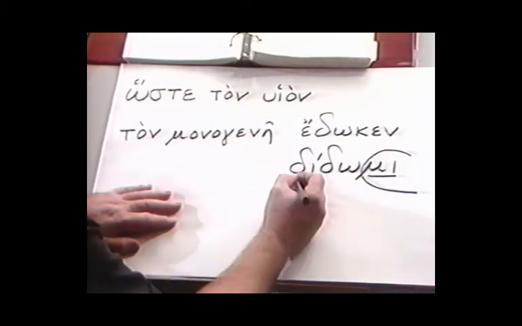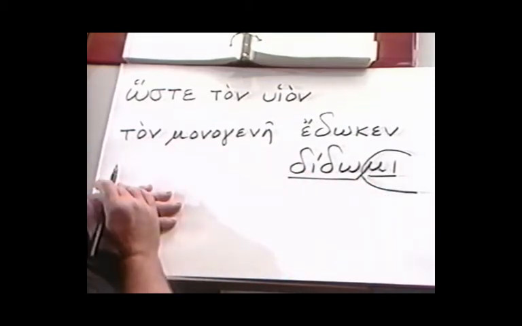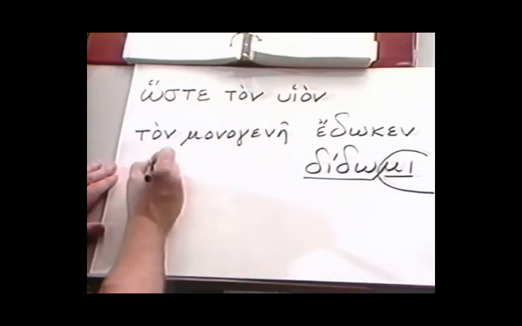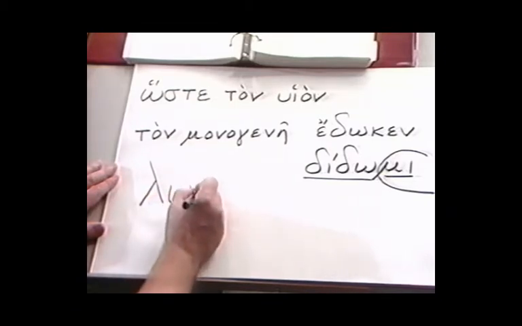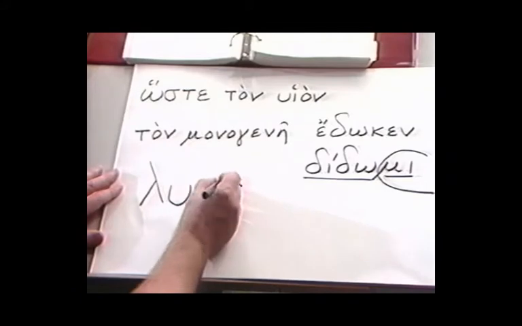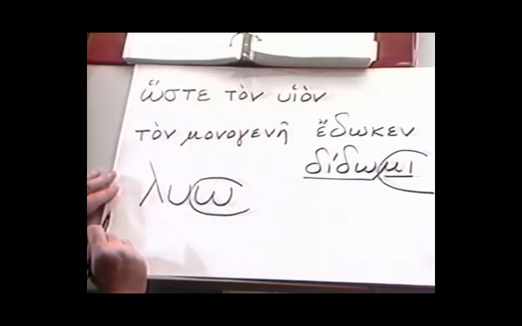What we are left with here is the present tense stem of the verb. How do you get the present tense stem of the verb? You take the lexical entry of the verb. Let's take luo. You take the personal ending and you knock it off.